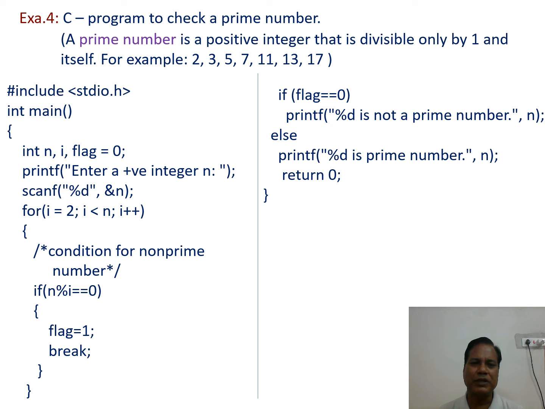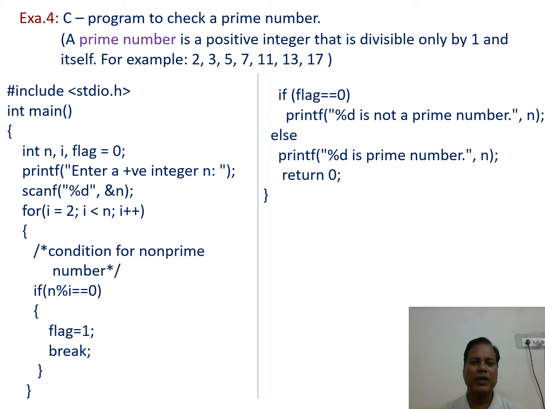If the remainder is not equal to 0, then the body of the if statement is not executed, and the value of i is incremented. In this way we go on dividing the entered number by the value of i.